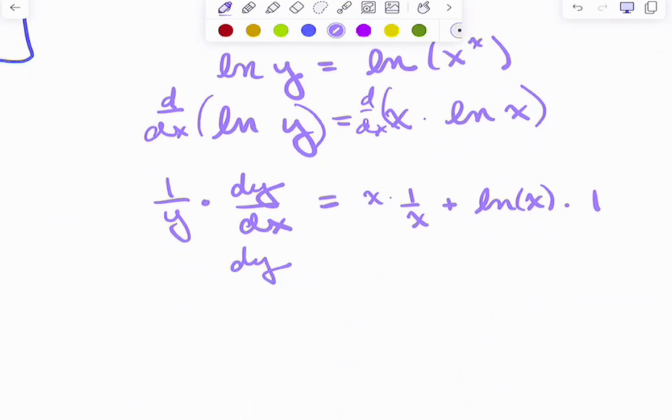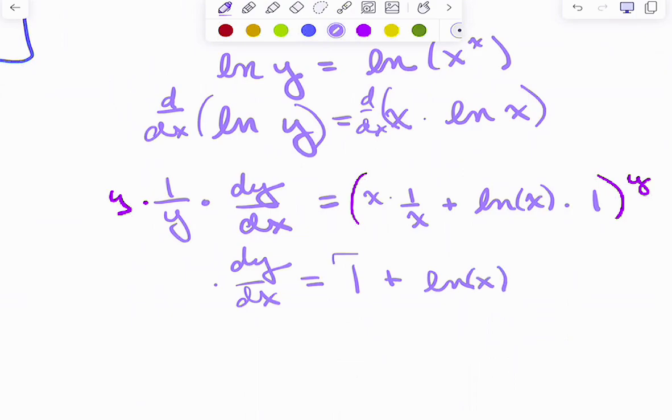So dy dx. I'm saving this 1 over y. Let's multiply both sides by y. So dy dx equals 1 plus the natural log of x times y.